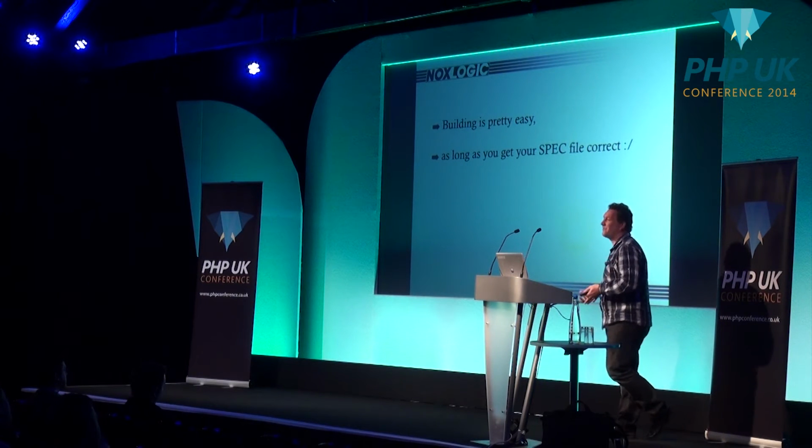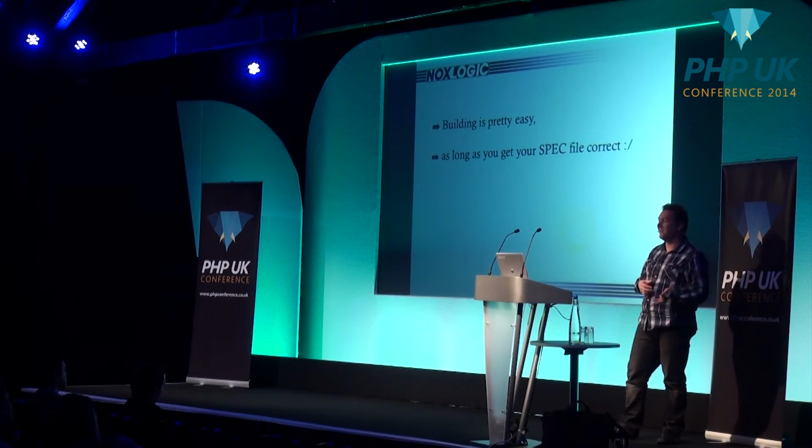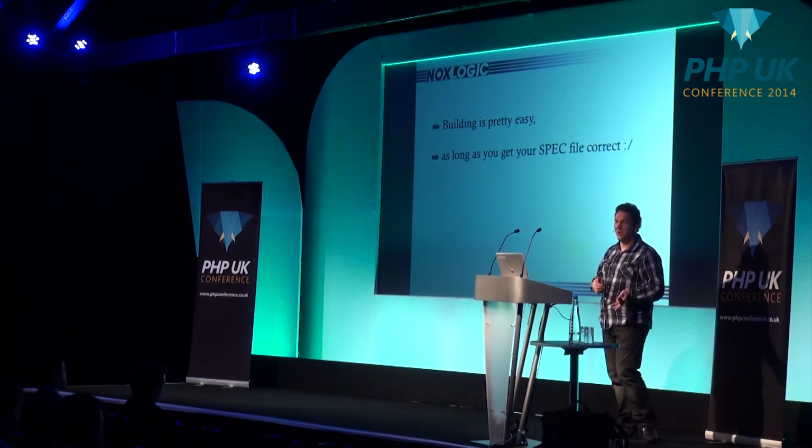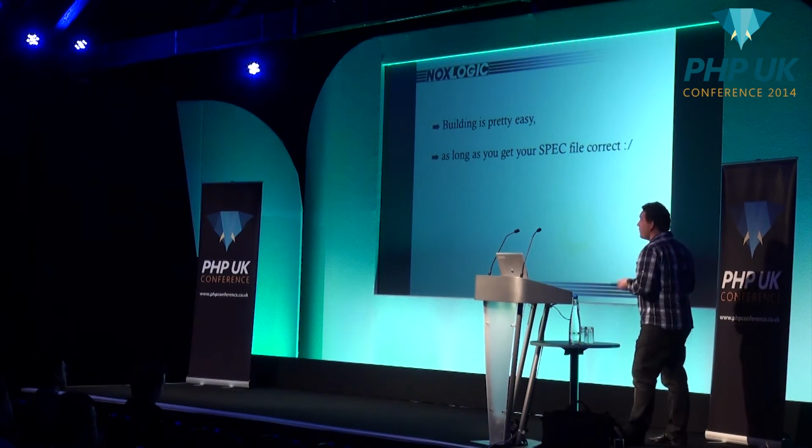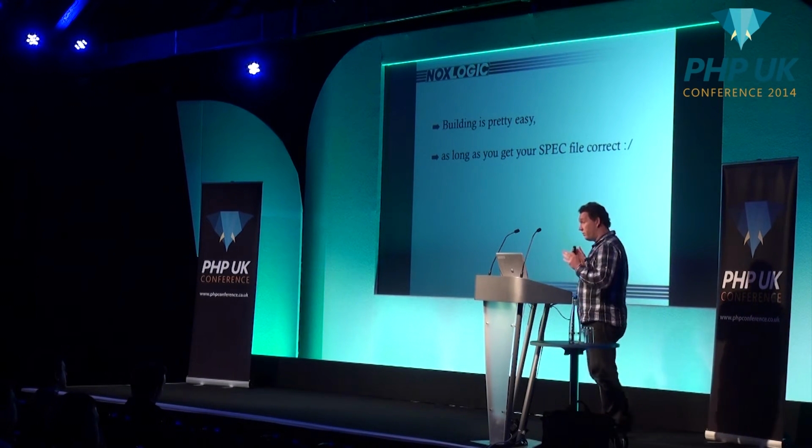So you spend a lot of time configuring your spec files, trying to run it again, seeing what's wrong, etc. But as soon as the spec file is correct, you actually have a system that will build packages from sources in a way that it will be the same over and over again. You can automate your stuff really easily as soon as you hit something that's configurable by a spec file.